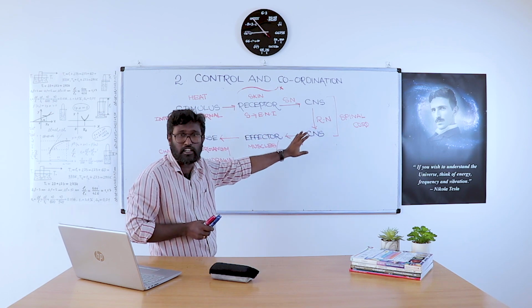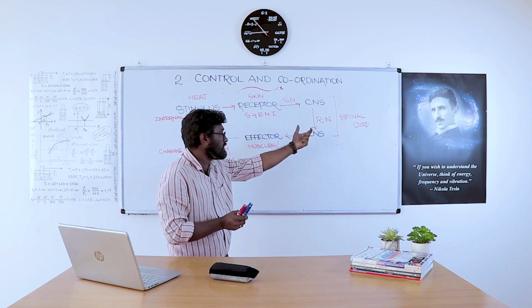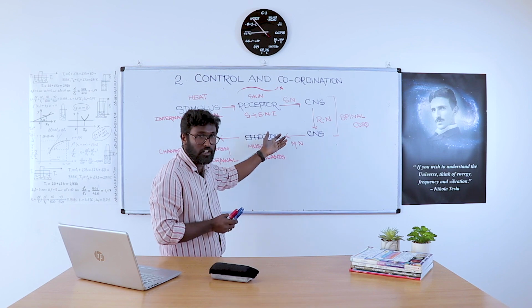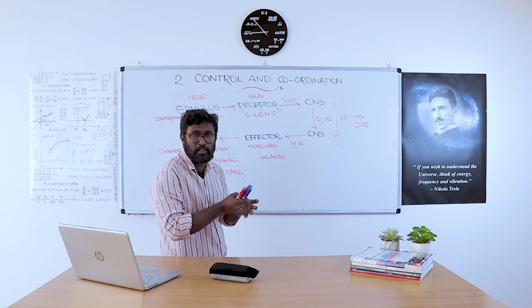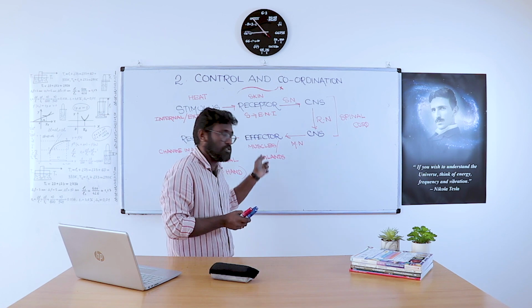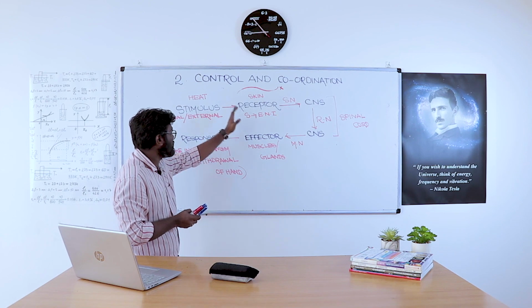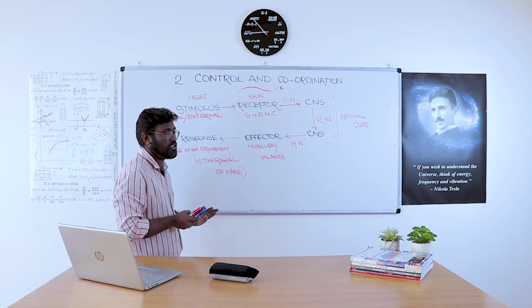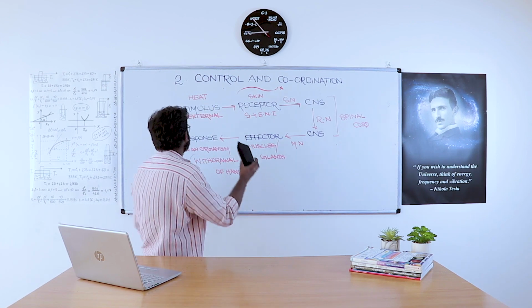The spinal cord analyzes the data and concludes the result, and that is given to the effector organs, including muscles and glands. Now they know what the response to that stimulus will be, and the response is the withdrawal of the hand. This is the process that happens in stimulus and response. That's all about the stimulus and response.